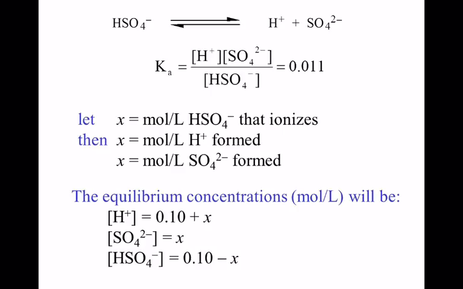At equilibrium, our hydrogen ion is 0.10 plus X because of the common ion effect, the sulfate is X, and the weak acid left is 0.10 minus X.